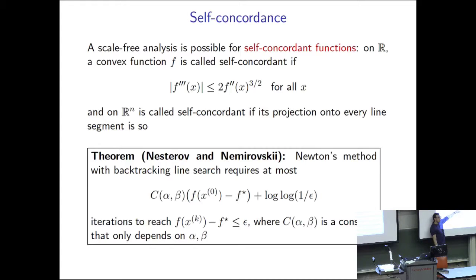Some constant that's universal, it just depends on alpha and beta, your backtracking choices, times the gap where you started, plus log 1 over epsilon. So this does Newton's method justice in the sense that the analysis does not depend on properties of its gradient or Hessian, like Lipschitzness or strong convexity.